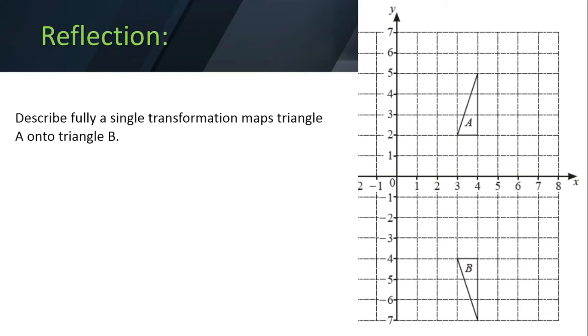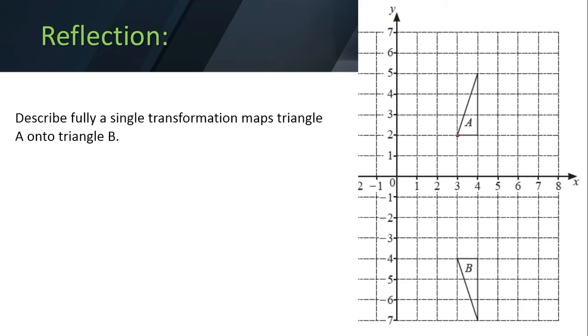Here we can see that this triangle A is exactly flipped and we have got triangle B. So in this case, as we know that this is a reflection, we will find the line of reflection. How will we find the line of reflection? We will check the distance between the two same vertices and then mark the center.